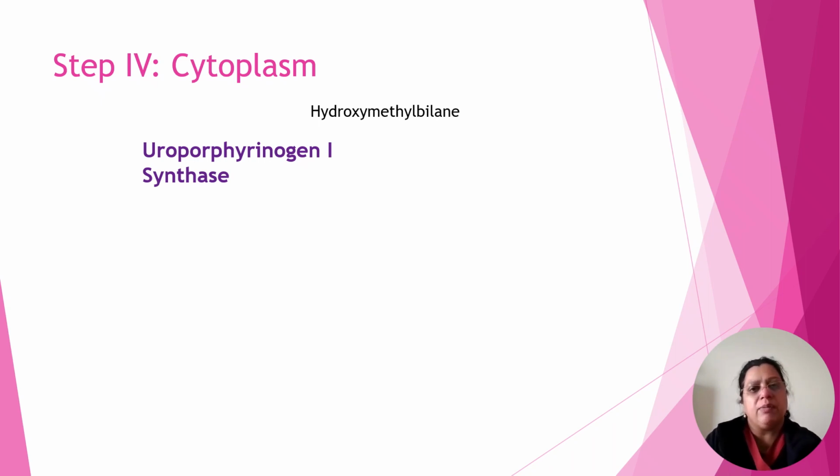You know the other name for this enzyme is hydroxymethylbilane synthase and porphobilinogen deaminase. With the help of the same enzyme, uroporphyrinogen 1 is formed, and in this uroporphyrinogen 1, the four pyrrole rings are arranged symmetrically to each other, where the groups are alternated by acetate and propionic acid.